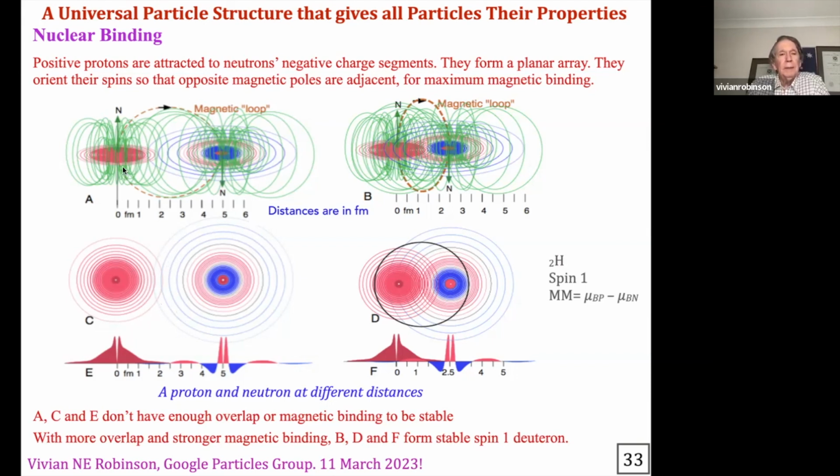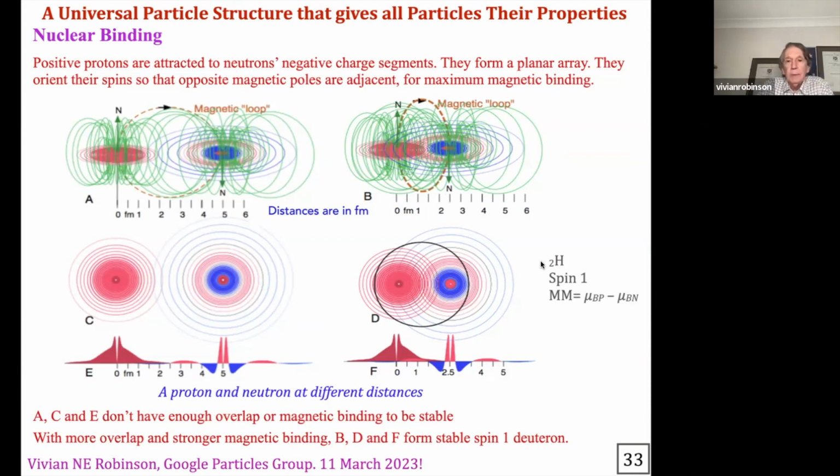If their spins are the same, there will be a bit of a magnetic loop between them. But at 5 FM separation, there isn't enough overlap to give any form of binding. However, the situation changes at 2.5 FM. The magnetic binding is virtually R-cubed, so the magnetic binding will be about eight times that at this distance, and you're starting to get some of the proton p/9 overlapping the neutron n/3.